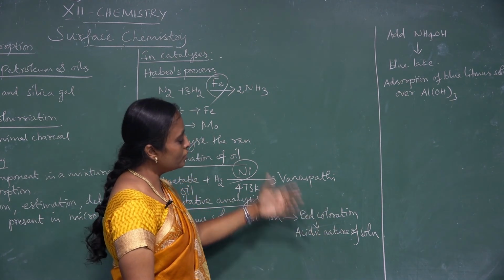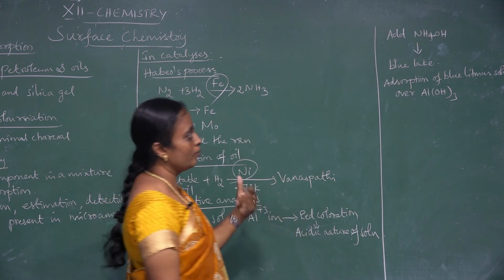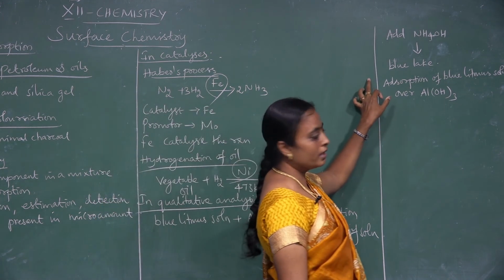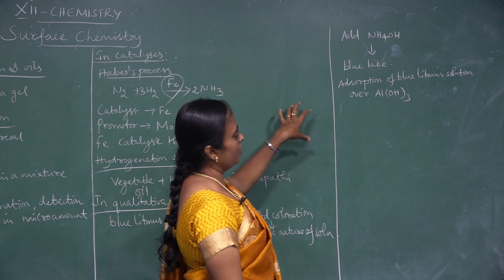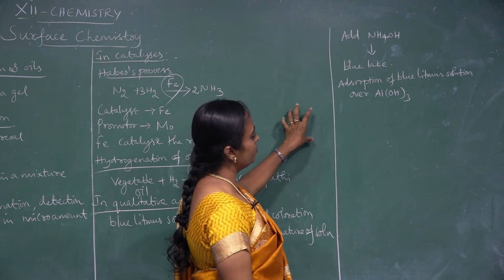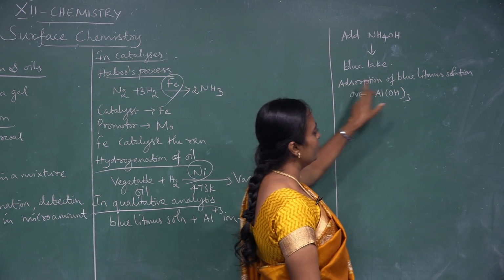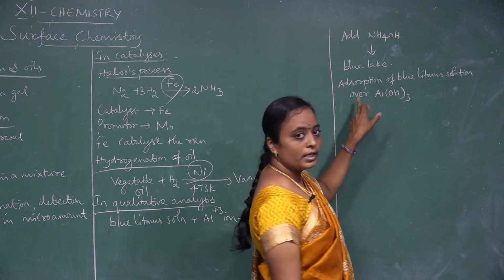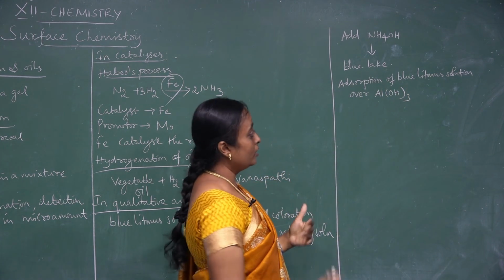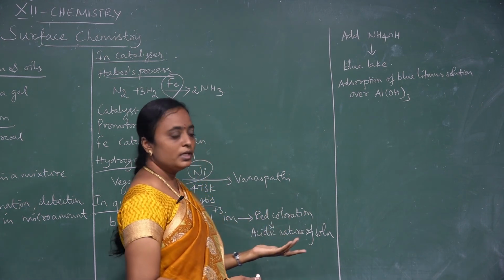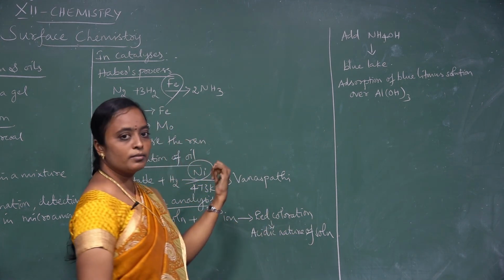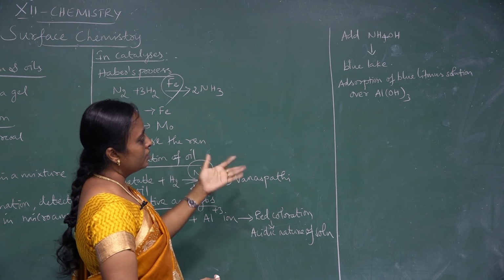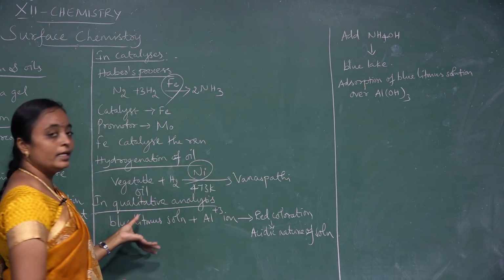When we add ammonium hydroxide again, we get a blue lake, because of the adsorption of the blue litmus compound over the aluminium hydroxide formed by the reaction between aluminium and ammonium hydroxide. This is a good example for qualitative analysis.